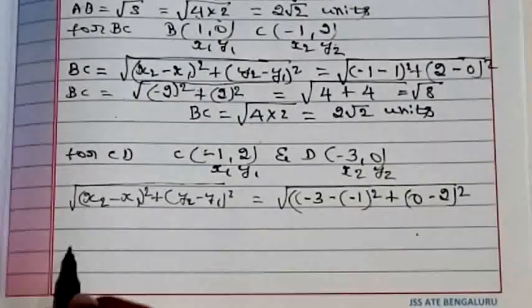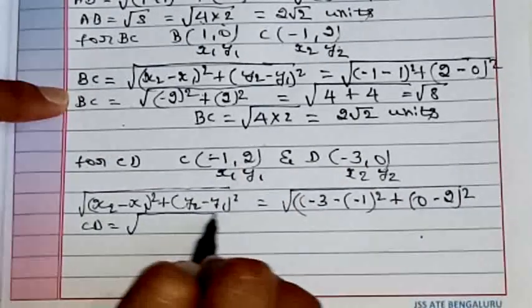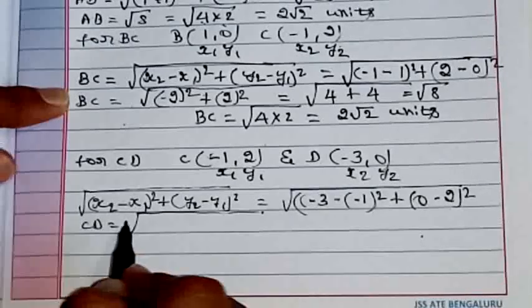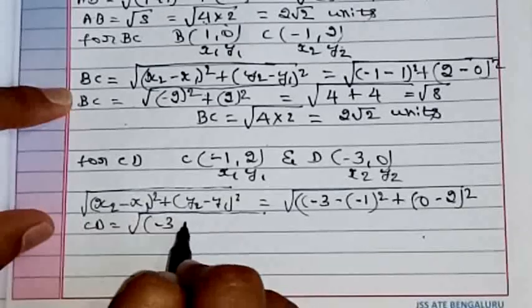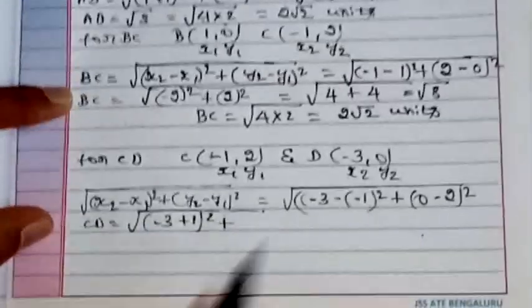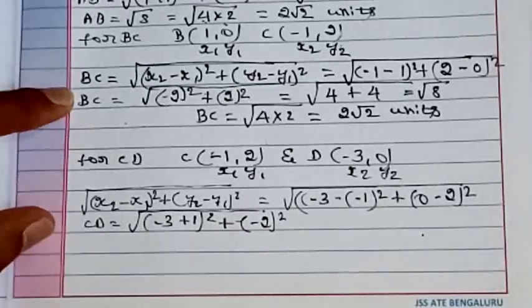Now simplify this. So therefore CD is equal to square root of, right? So first open the bracket. So therefore keep the minus 3 as it is. Minus into minus is plus 1 whole square plus 0 minus 2 is nothing but minus 2 whole square. Right?